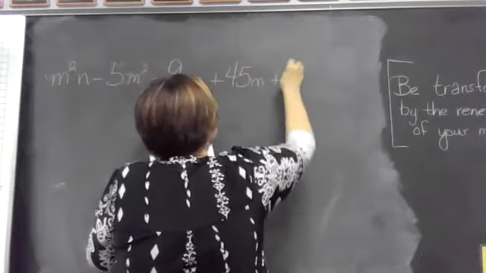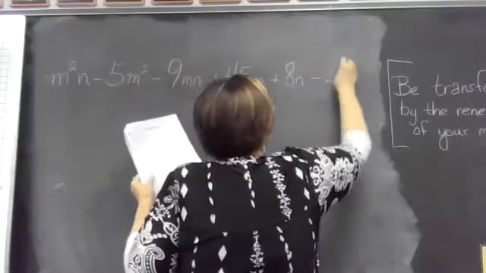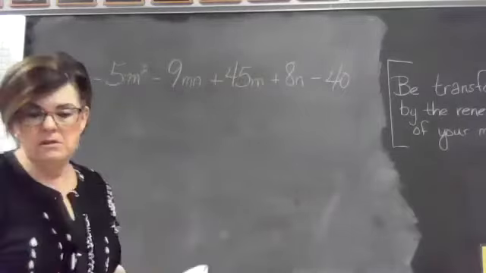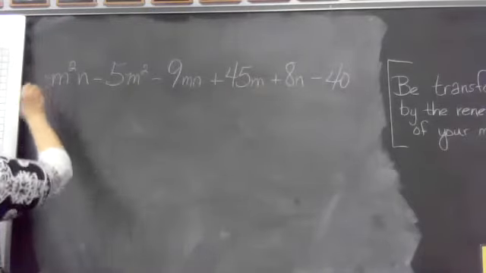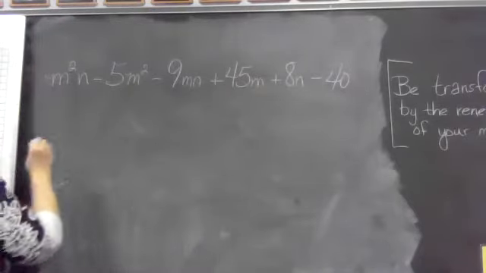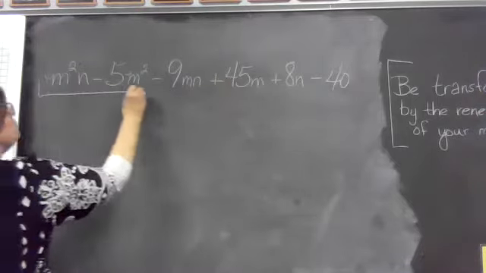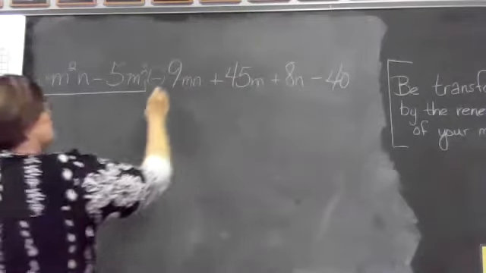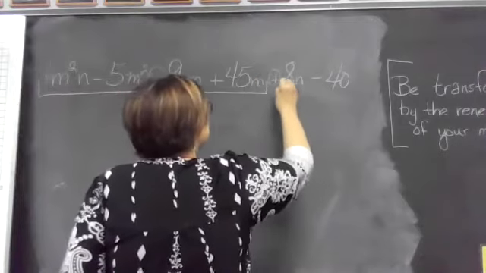When I copy, make sure and check me, those of you that have this problem in front of you, because sometimes I've changed signs and it really messes us up. Or I completely changed the numbers. Okay, we understand there's an invisible one here when there's not a number, but I have 6 terms, and so I'm going to group these in groups of 2. There's a sign. We've got to remember that minus sign. There's a plus, so we're good there.